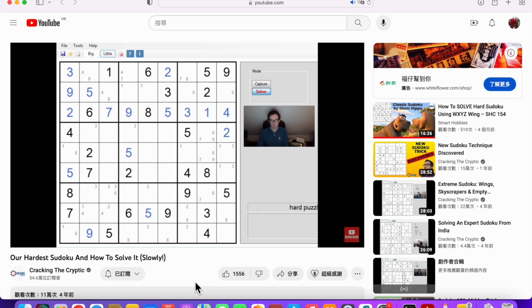Now, the important thing to note is that if the 1 turns out to be in row 5, i.e. if this 1 or this 1 is true, look at the effect that has over here because of this 1-6 pair. So if either of these is a 1, this square will be a 1. So this is called a strong link between these 2 situations over on the left-hand side.